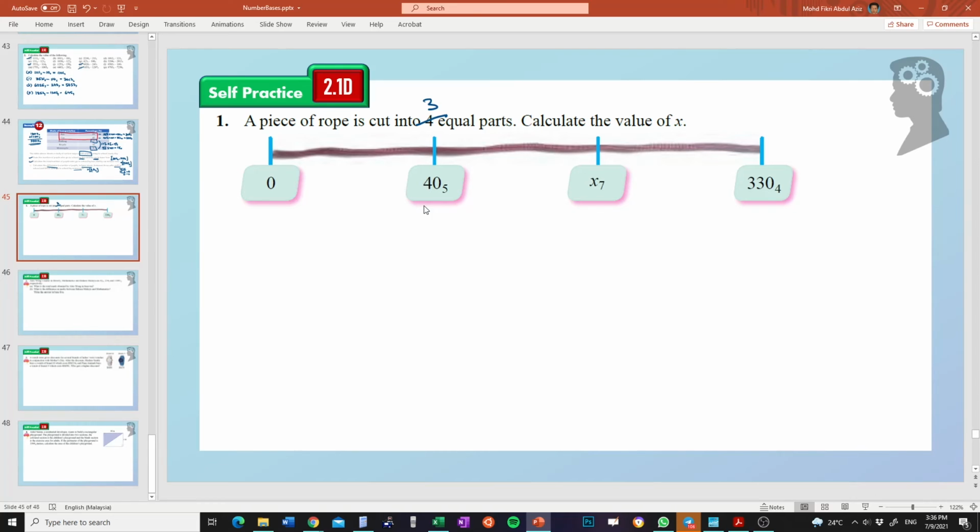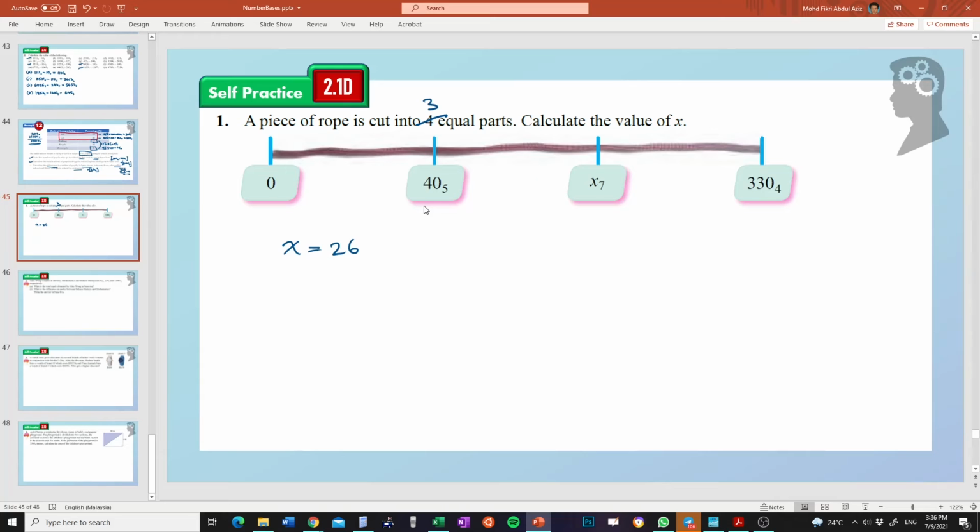So dia bagi tahu kosong sini 40 base 5, x base 7 and 330 base 4. Figure out the value of x. 26 ke cikgu? Berapa? 26. X is 26. Okay, I wouldn't comment.